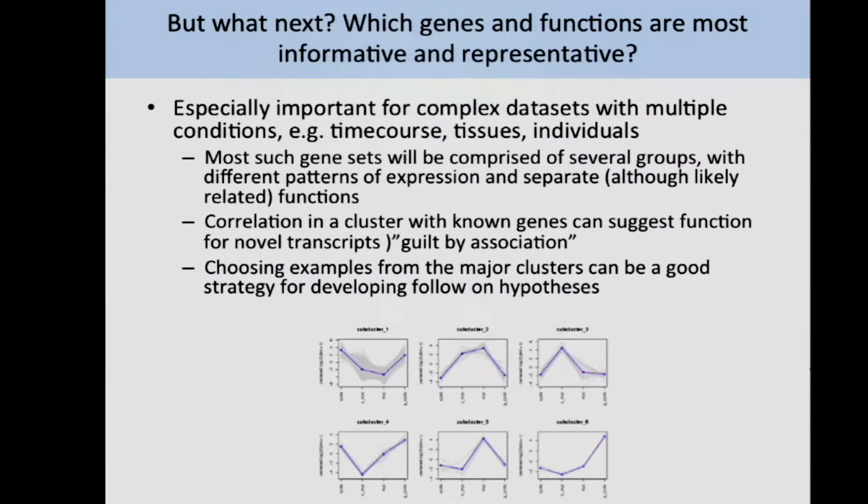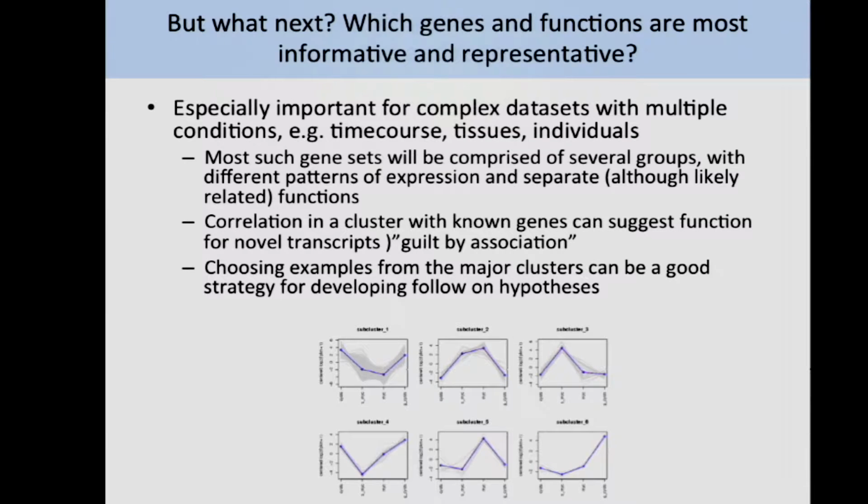And if you want to, let's say you have a list of 200 genes, and you've got them clustered into, say, 10 groups of 20 each, just theoretically, you don't need to look at every one of those 200 genes. You can pick examples from the 10 clusters to understand, to validate, to try to functionally explore.